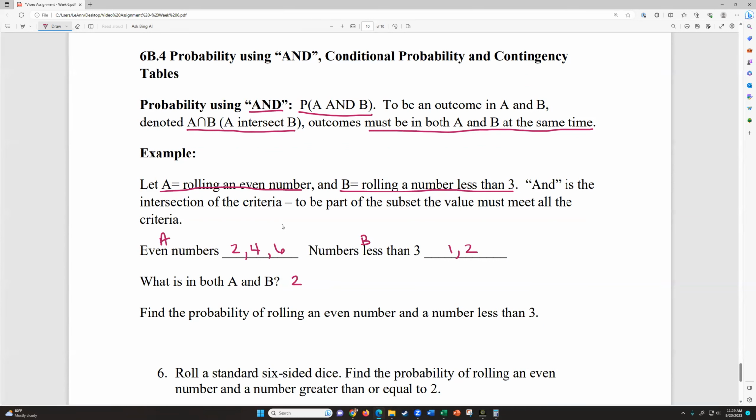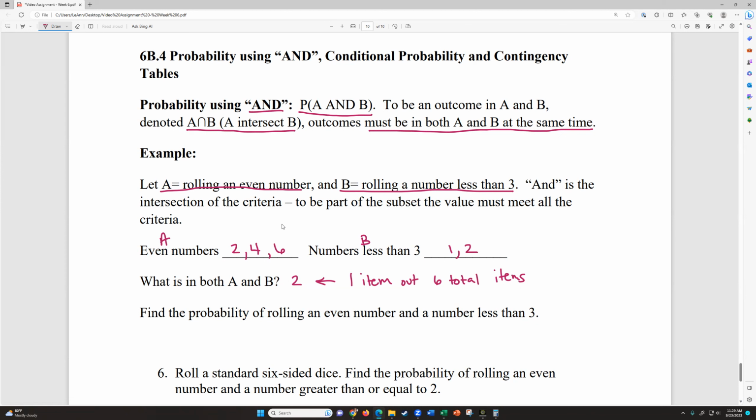The only element that's in both A and B, even number and less than 3, those two events, is the 2. Now these are numbers, but that is not our numerator. This is one item out of 6 total items. So you don't put the number 2 as the top of your probability, because 2 is the number of dots on the die. It's not how many 2s are on a die.